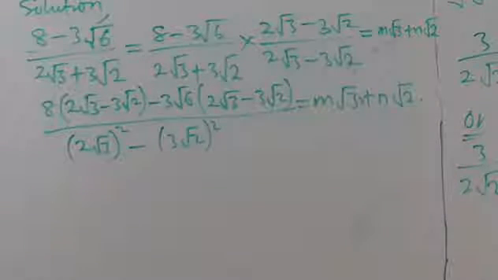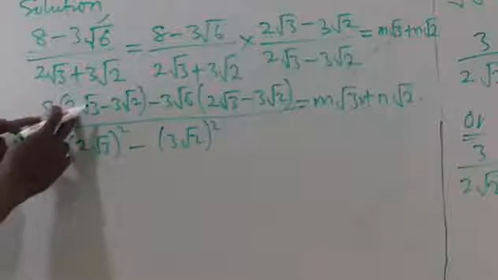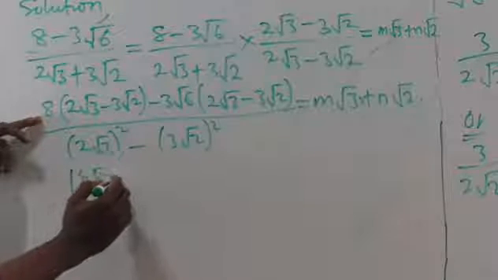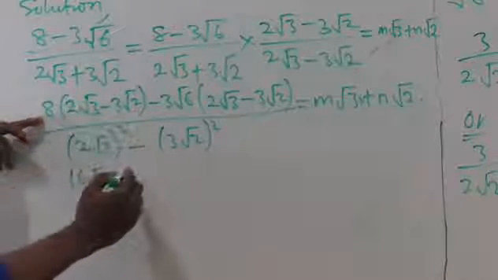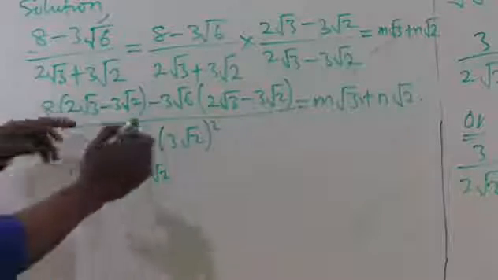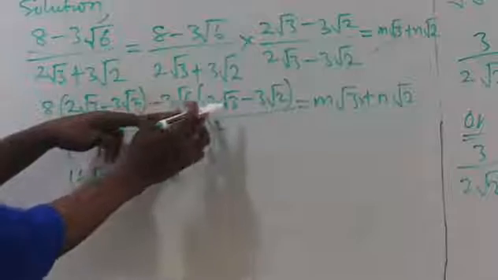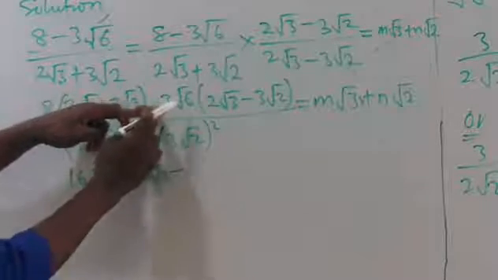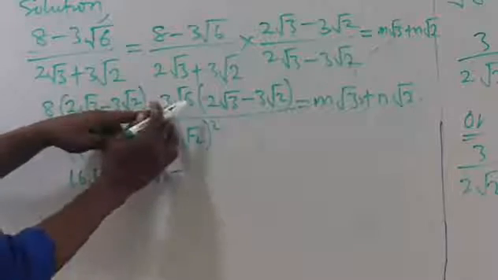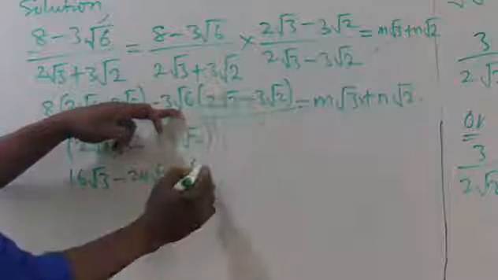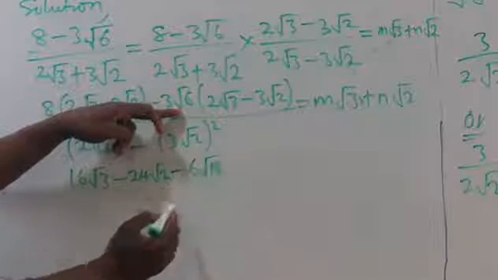So let's now open the bracket in the numerator. We have 8 times 2, that is 16 root 3, minus 8 multiplied by 3, that is 24 root 2. Then we are done with the first bracket. Then the second bracket: minus 3 root 6 multiplied by 2 root 3, minus times plus is minus, 3 times 2, 6, root 6 multiplied by root 3, that is square root of 18.